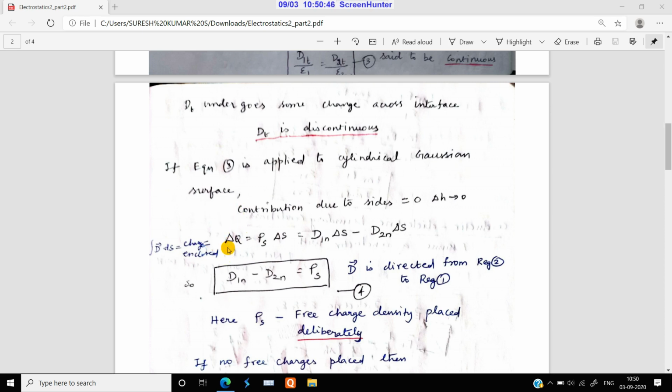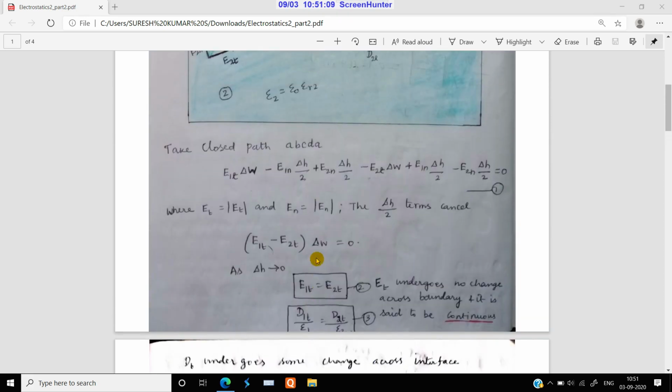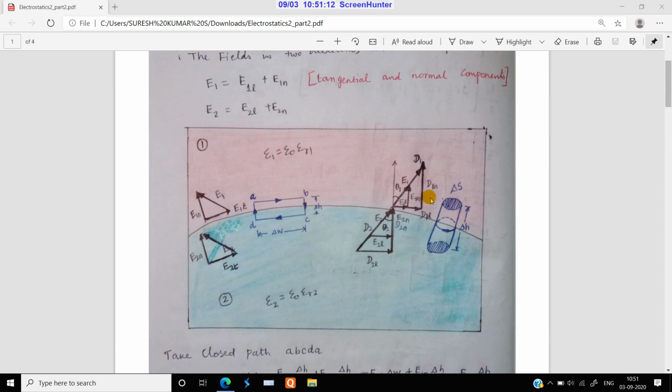From that definition we can say the accumulated charge is equal to rho s into del s, because this is the surface charge density into the surface, which is the total charge accumulated by that surface, and it is equal to the electric flux density into del s. So we have the contribution of the charges along these dielectrics, and we will have only two contributions along this del S.